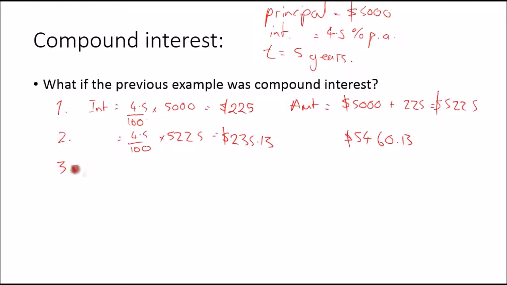Okay, so in year three, my interest is 4.5% times 5460.13 equals 245.71, and then I'm going to add that to my amount, and now I've got my 5705.84. Now I'm bored, so I'm not going to go on any further. But this is all you need to do to calculate compound interest in a simple way.